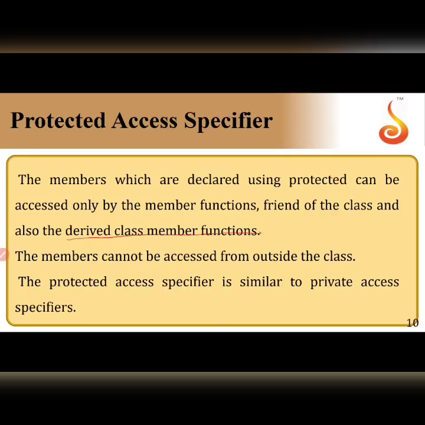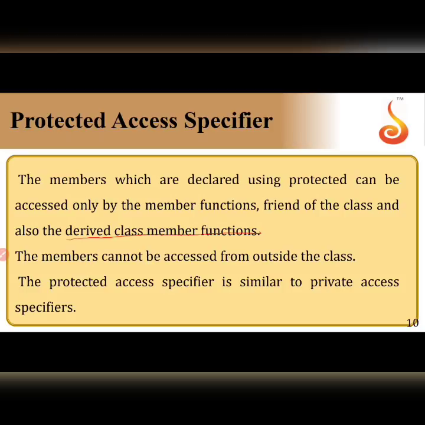What it means is private data can be accessed only by the member functions of the class, but protected is something which can be accessed by the derived class. That is, if you are creating one class from the other, that is the base class and the derived class.